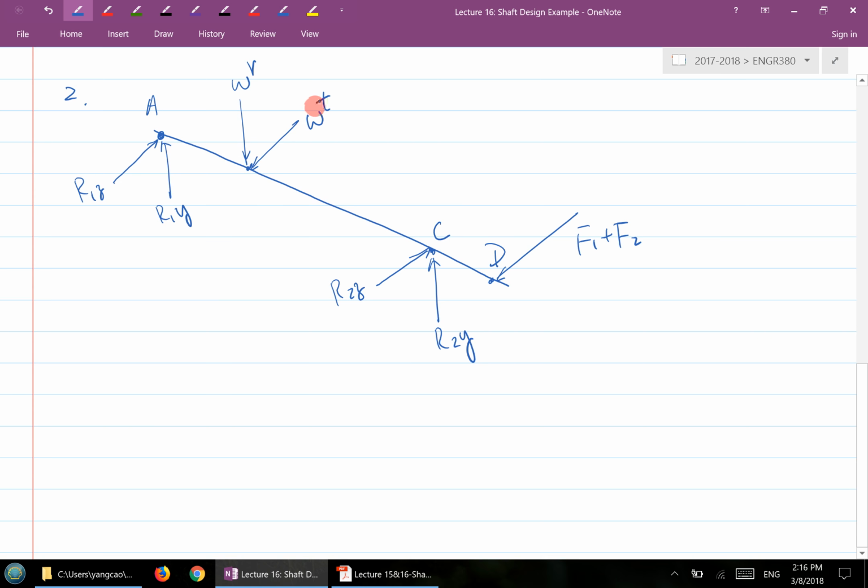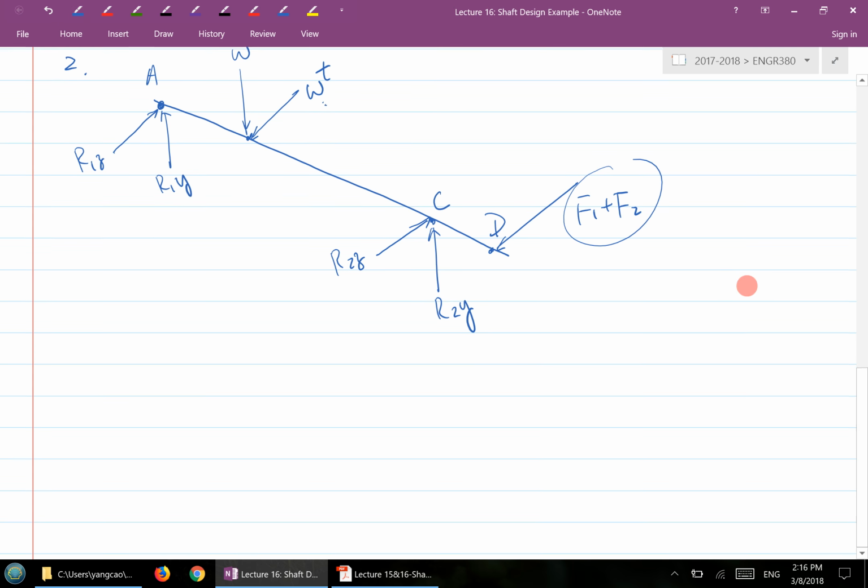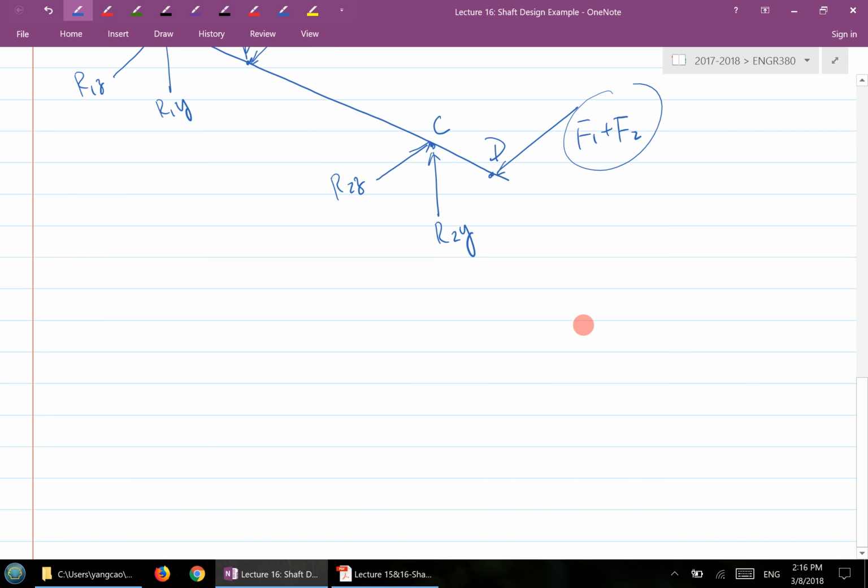But first we have to figure out what WR is, what WT is, and also these values here. If you look at the sheave, this is the circle for the sheave. Here you have F1 over here and F2 over here. The radius of that is called RS, which equals 3 inch.